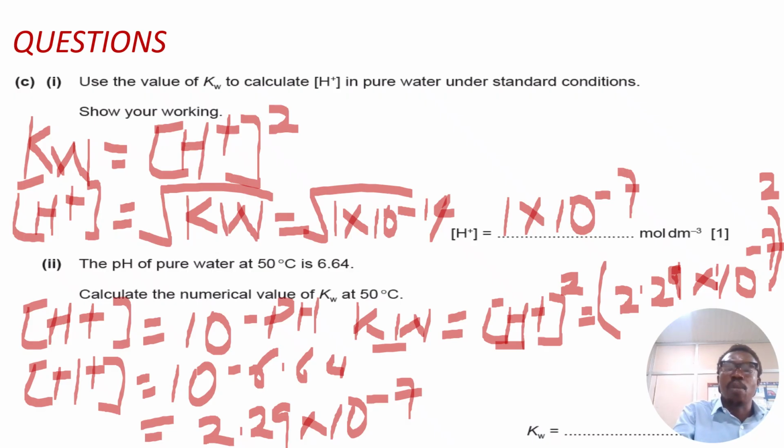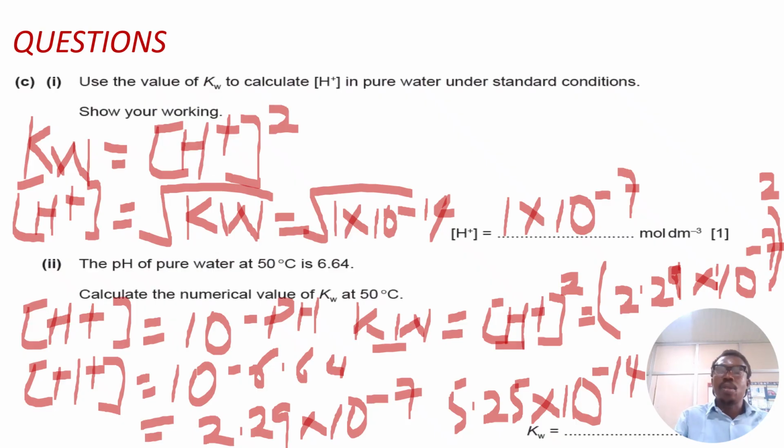So Kw will be equal to 5.25 times 10 raised to the power minus 14 mole squared dm minus 6. So it's as simple as A, B, C.